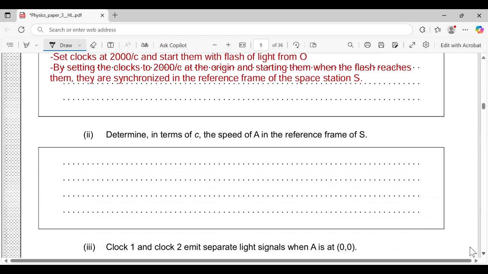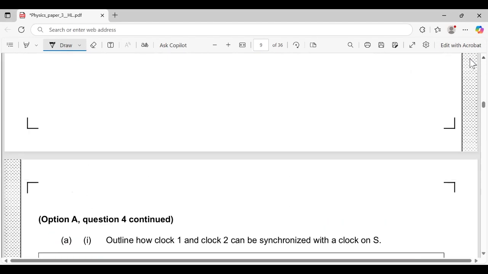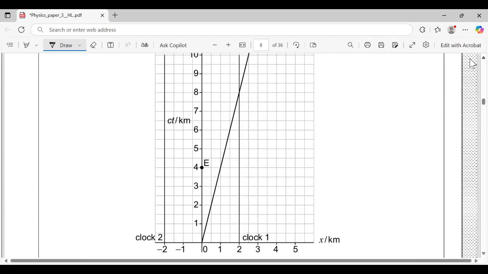Determine in terms of c the speed of A in the reference frame of S. Okay, if you look at the diagram, this angle is angle theta, and this is x, the x-axis.